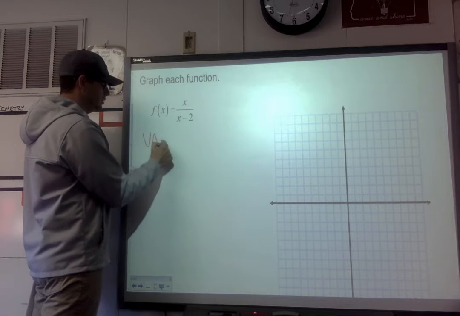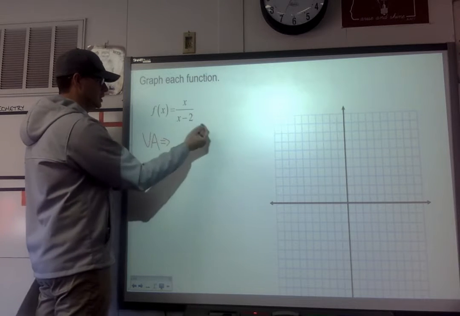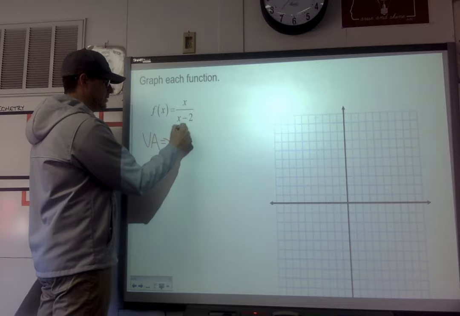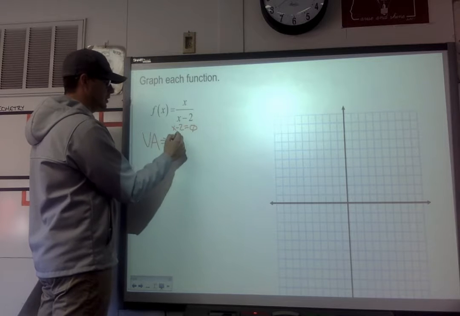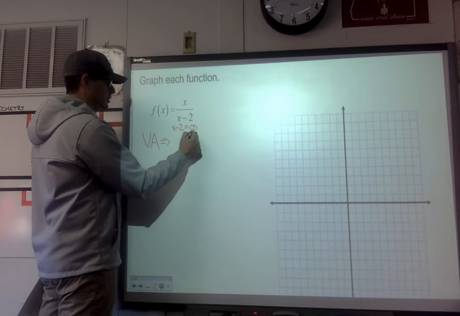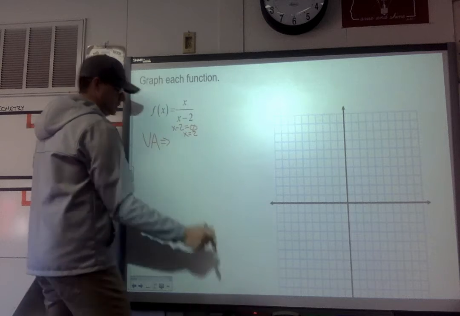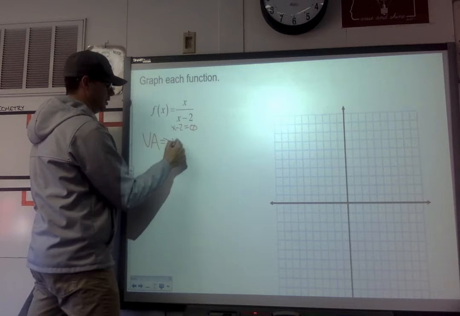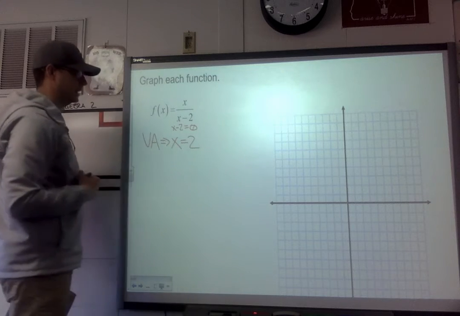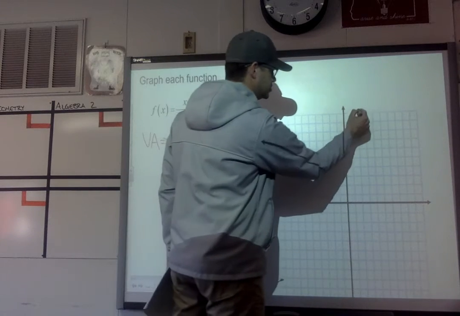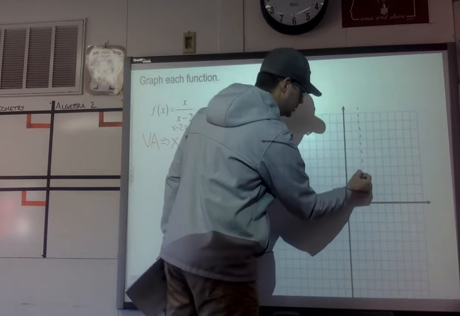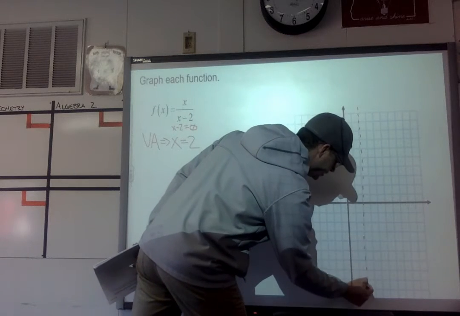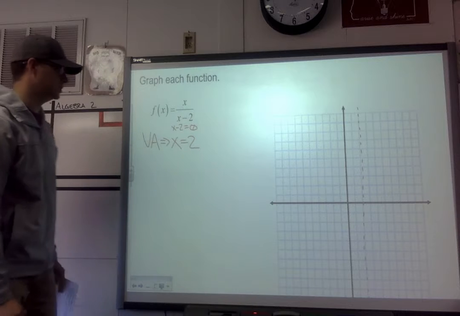There will be a vertical asymptote where we would do x minus 2 equals 0. So then x equals 2. So again, we have a vertical asymptote at x equals 2. So we can go ahead and draw that in, represented with a dotted line there at x equals 2.